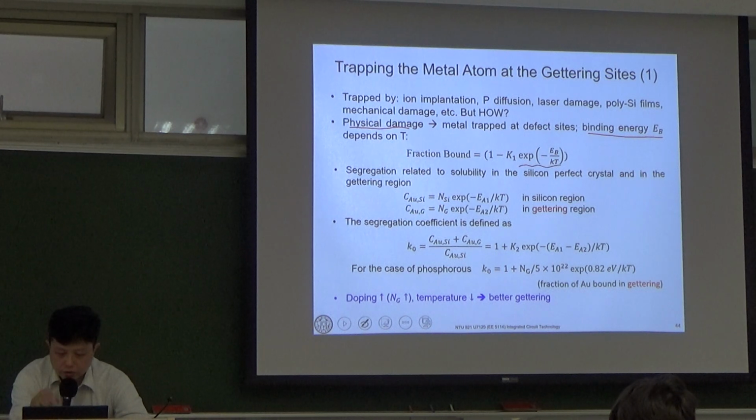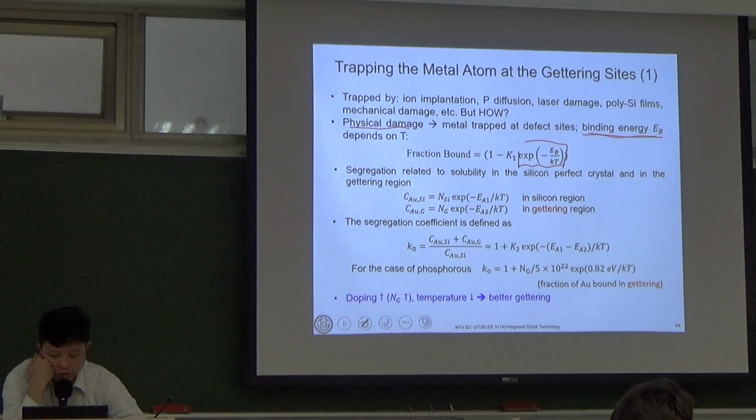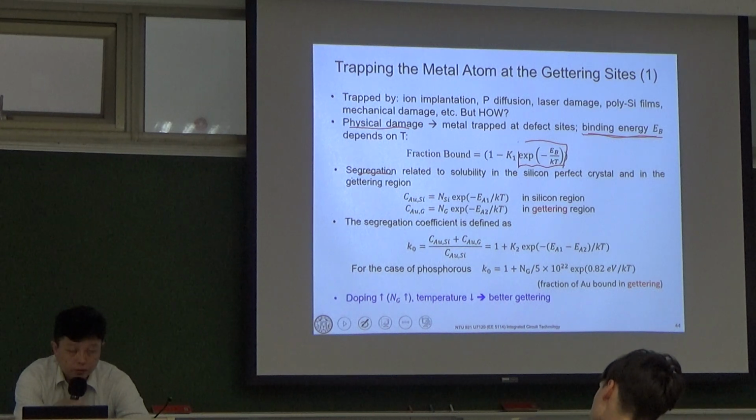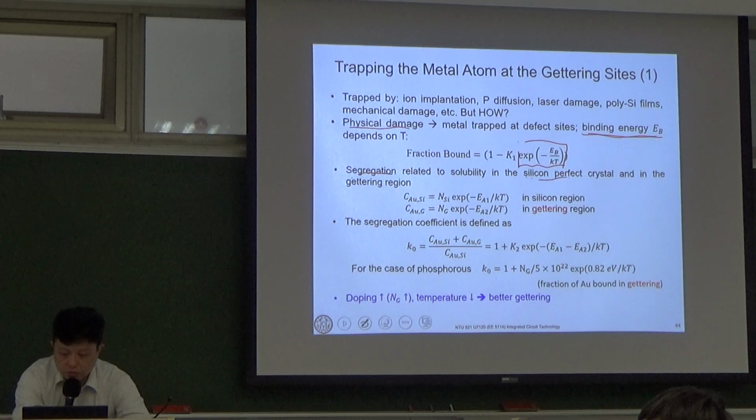So here's the exponential term. This EB, this binding energy, you can also consider like an activation energy. It's an exponential term here. And there also exists a segregation coefficient between the gold in the perfect crystal and in the gathering region.